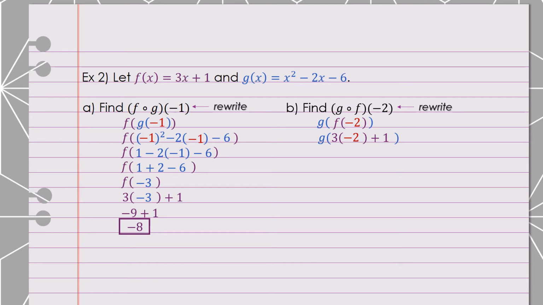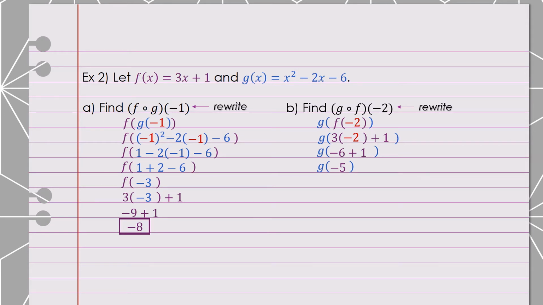Now, since we've plugged in the value of negative 2, we follow GEMS. We have no grouping, no exponents, but we do have multiplication and division. 3 times negative 2 is negative 6. Everything else stays the same. No more multiplication or division, so we move on to subtraction and addition, and negative 6 plus 1 is negative 5.